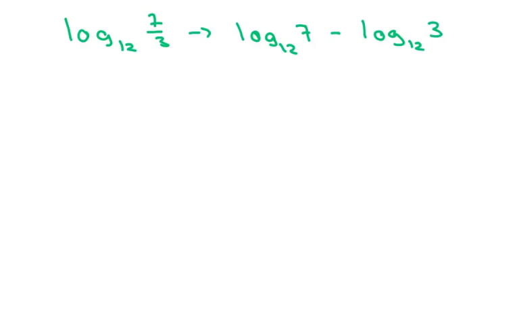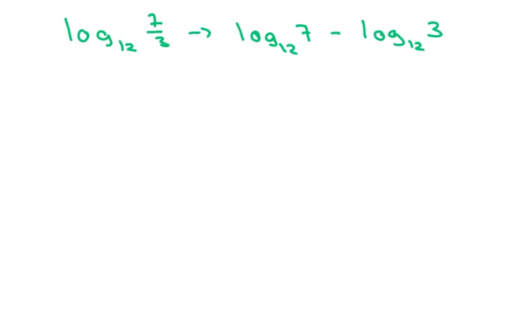Okay, the next one we have is log base 12 of 7 over 3. So I'm going to expand that and write it as log base 12 of 7, using the quotient property, minus log base 12 of 3.